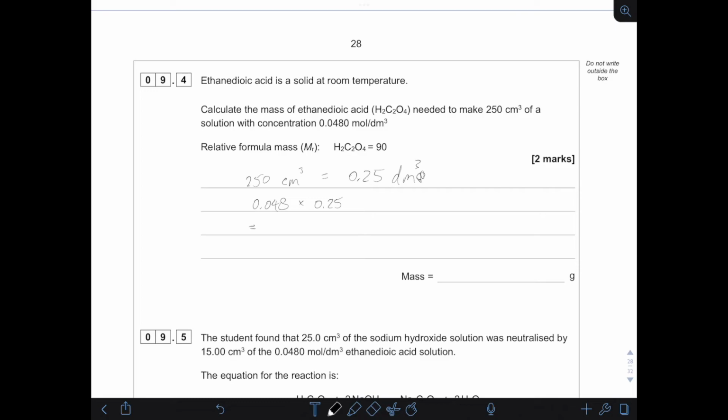So I have 0.012 mole, and with the Mr of 90, we can find out the mass equals 1.08 grams, and that would be the answer.